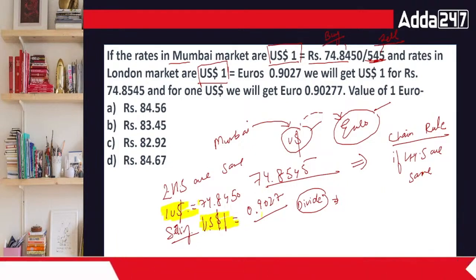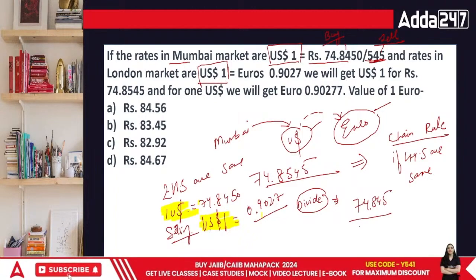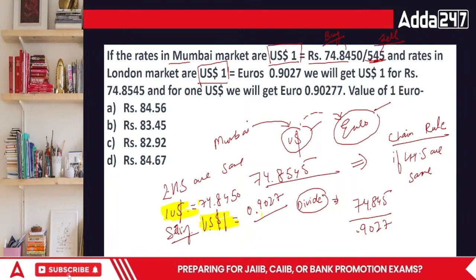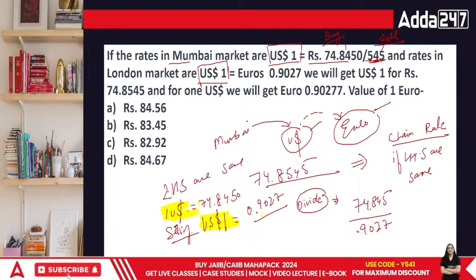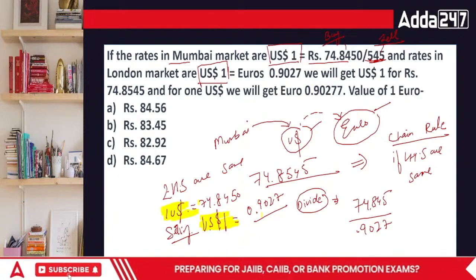Then you will have to divide it. 74.845 divided by 0.9027. This will give you the answer. What is the answer in this case, everyone? This is actually the chain rule that I was talking about.